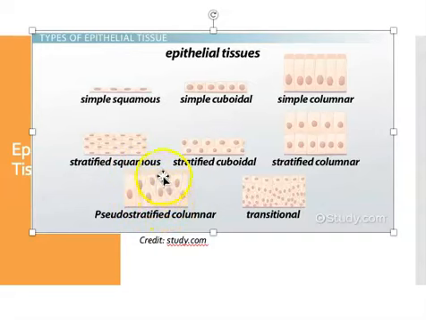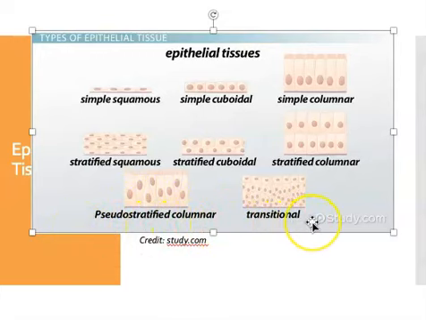It's just that the cells are shaped oddly and the nuclei don't line up. So unlike true stratified columnar epithelium, where you get these very clearly ordered lines of nuclei in each layer, in pseudo-stratified columnar, the nuclei are sort of all over the place. So pseudo-stratified columnar is a simple type of epithelium.